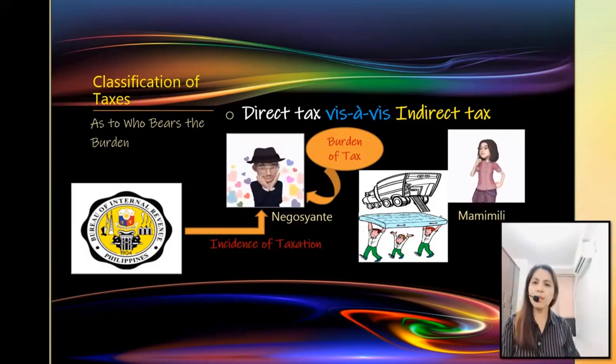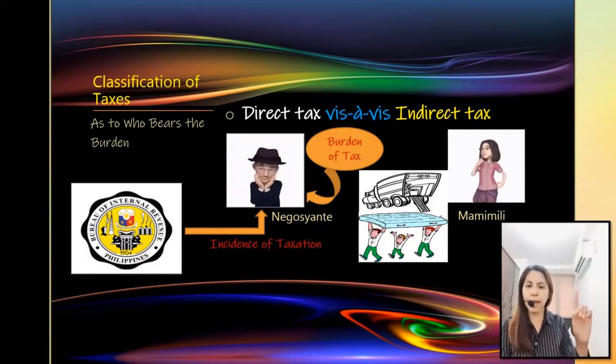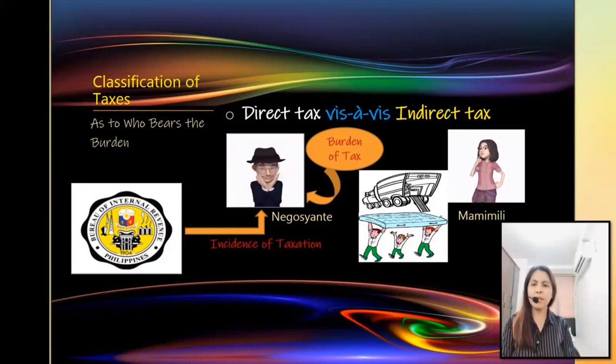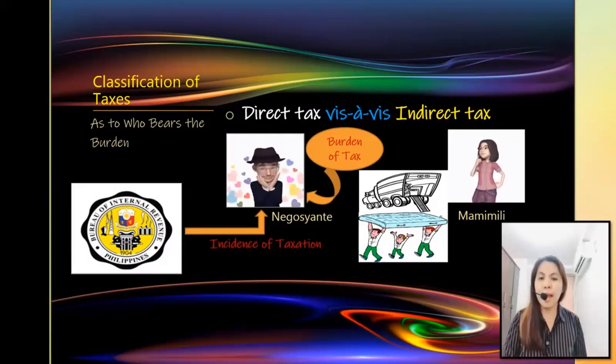The incidence of taxation and the burden of taxation falls on the same. And that is our subject, the taxpayer. Income tax is a direct tax. The incidence and burden falls on the taxpayer.